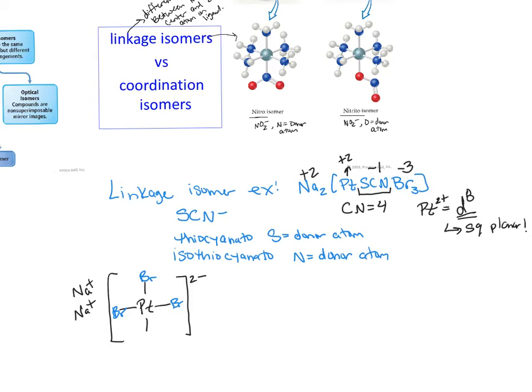4 ligands. I know the overall complex is a 2- charge because I was given 2 sodium counter cations. I'm going to add my 3 bromos first. And then I'm going to add my thiocyanato, which is S donor. So I have my S as the donor atom, and then CN. So we would name this, a good time to review nomenclature, sodium, separate word, tribromo, and then S donor is our thiocyanato.